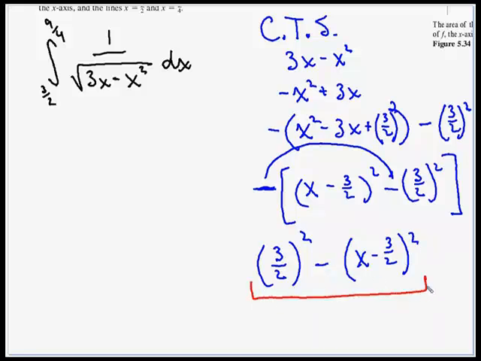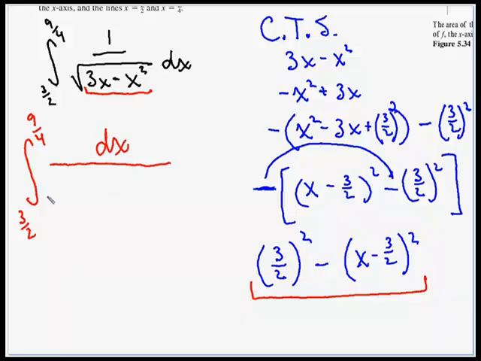What we found right here can replace what we have underneath the radical. So I'm going to rewrite this definite integral with that substitution. Our integral goes from 3/2 to 9/4. Let's move the dx up top. dx is our numerator.